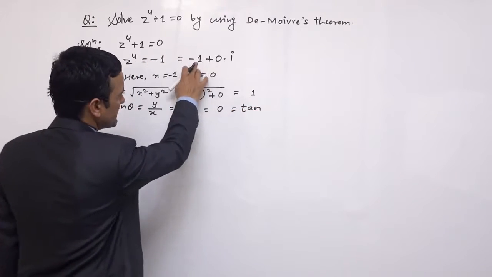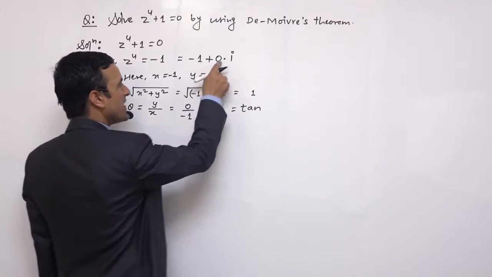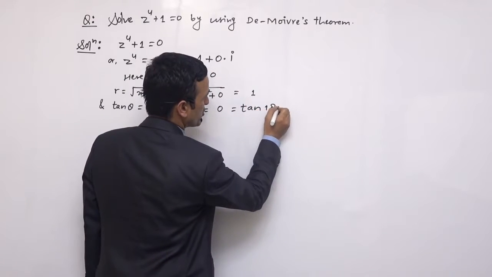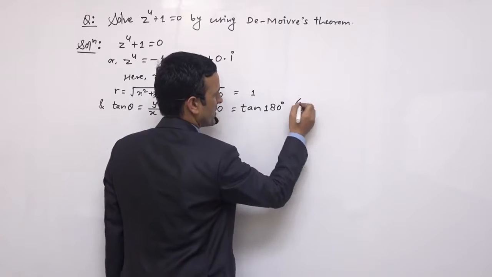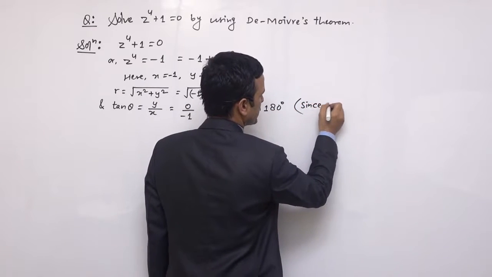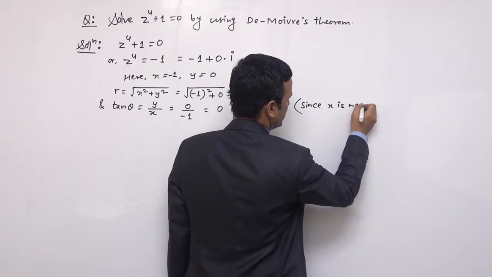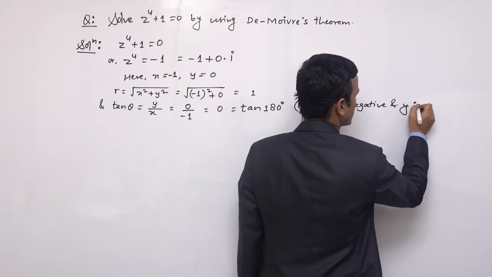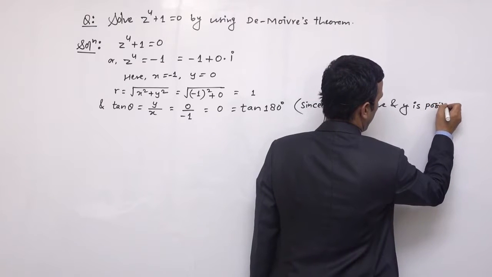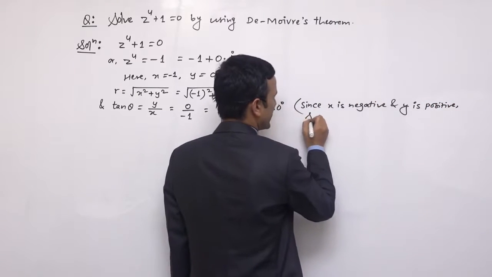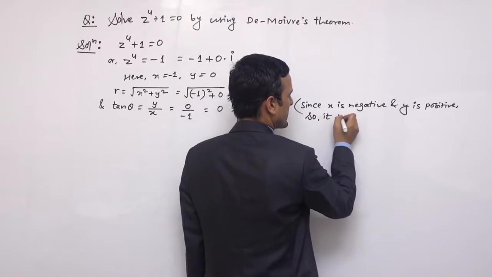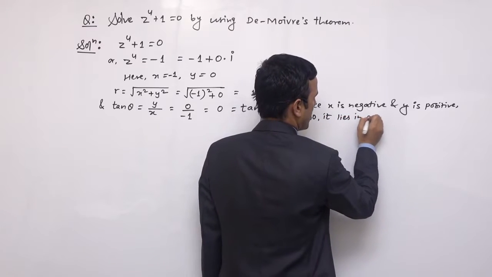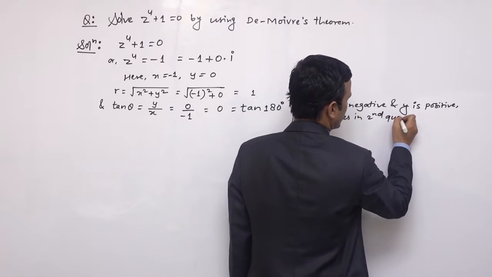Here x is negative and y is positive, so it lies in the second quadrant.